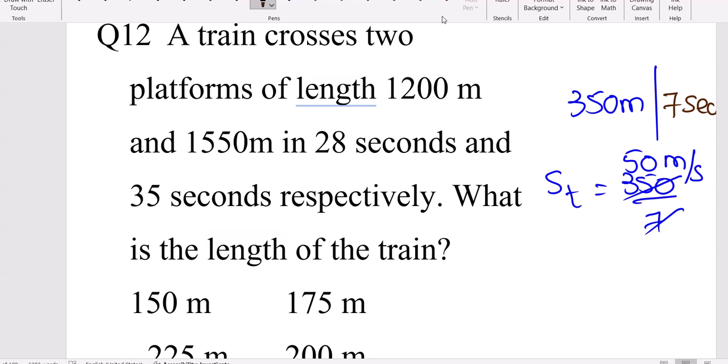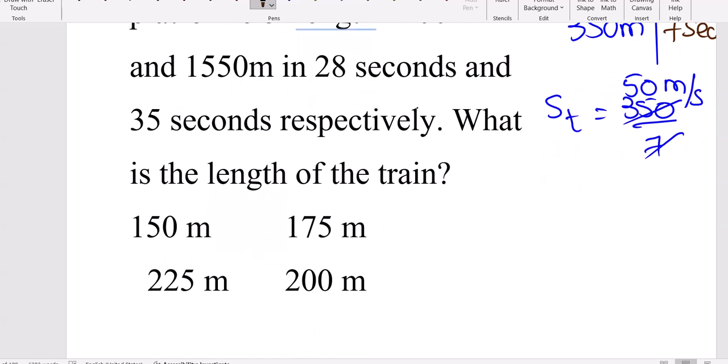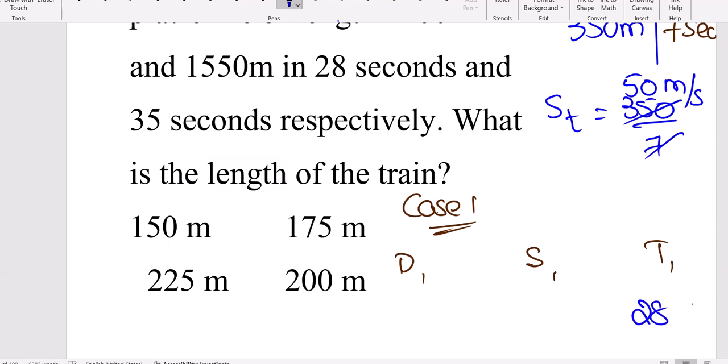Right now, you got the speed of the train, so what can you do? Listen, take the first case or the second case. In the first case, try to understand, the train is crossing a platform of 1200 meters. So case 1, case 2, I am taking the first case. Distance, speed, time. In the first case, the time taken is 28 seconds.